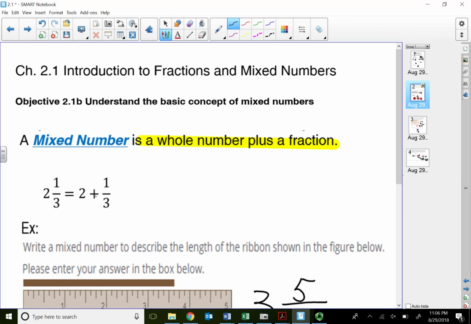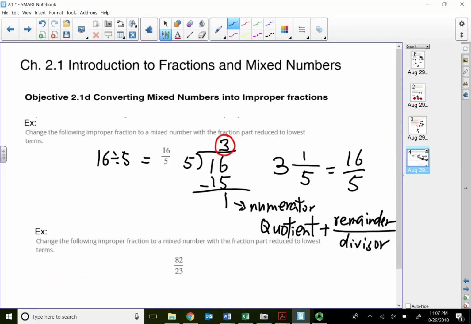So that whole number means the quotient, the numerator, the 1, means the remainder. The 3 is actually the divisor. It's very important that you understand the makeup of a mixed number is a whole number plus a fraction, and the fraction part is actually referring to the remainder over the divisor. We will probably see this in Math 108, Module 12, I believe, 12 or 13.